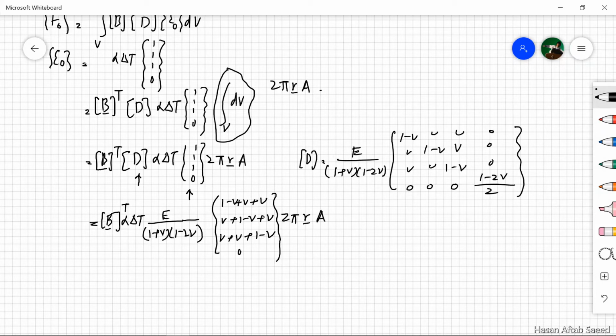Now we can make further simplification. This plus nu minus nu, they get cancelled. So you have 1 plus nu everywhere here except this 0, and 1 plus nu is here also, so this also gets cancelled. So in the end you are left with, if you simplify this, this is also epsilon.